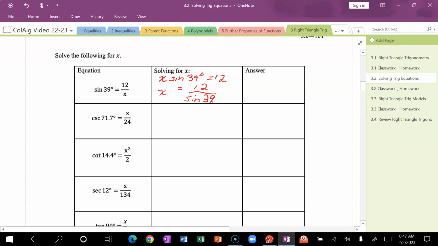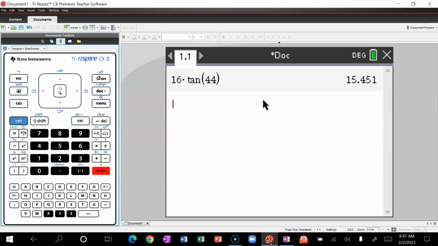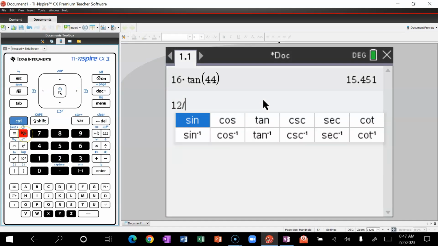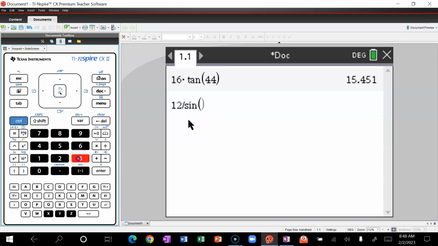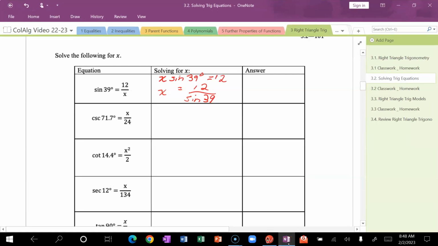So that's what goes in my calculator, 12 divided by the trig function, the sine of 39, which is 19.068.